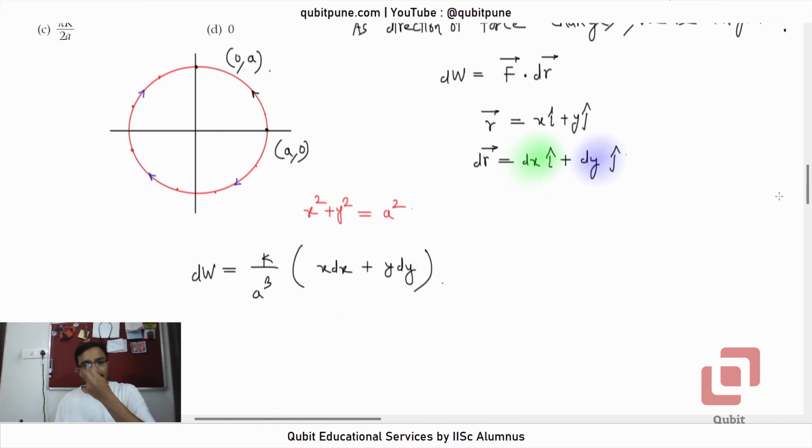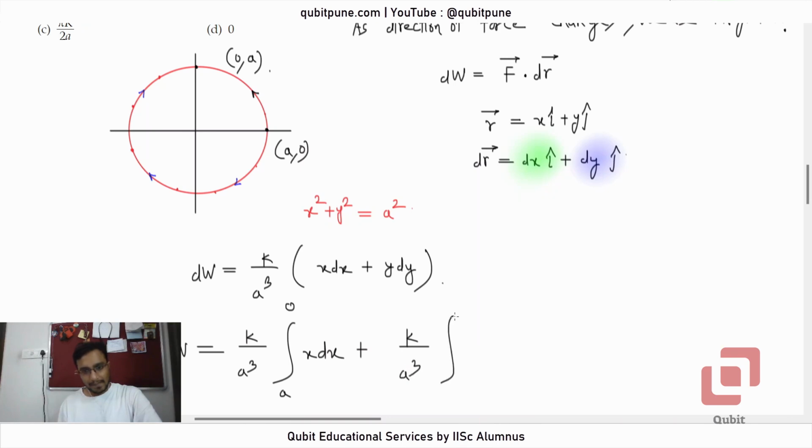Now because this is path independent, I can say that the net work done is equal to k by a cube into the integral of, now look, x is decreasing from a to 0 and y is increasing from 0 to a.